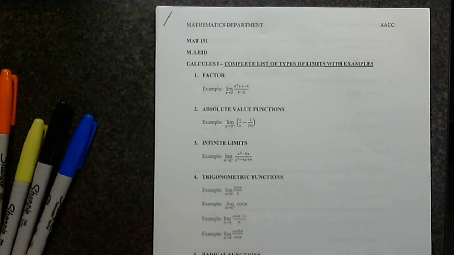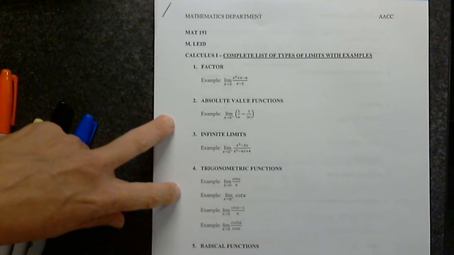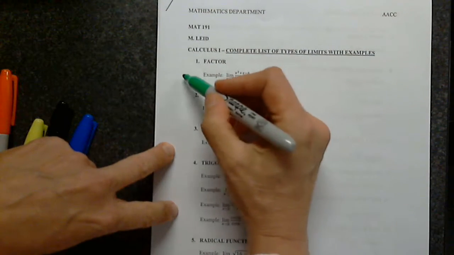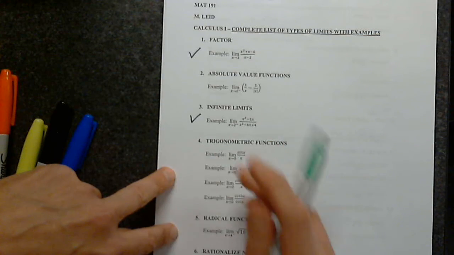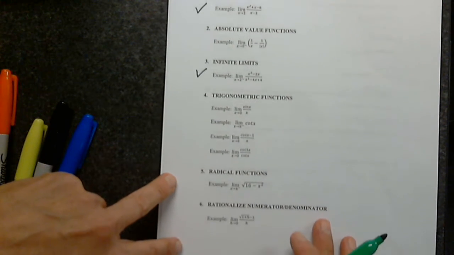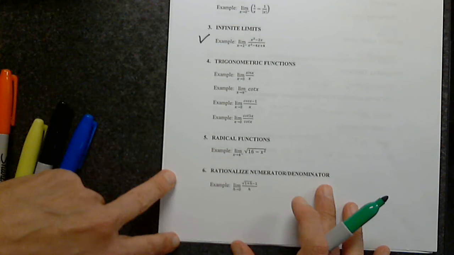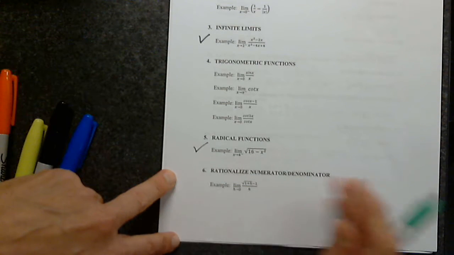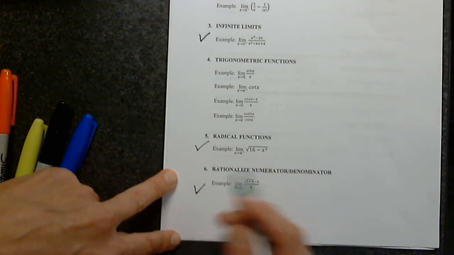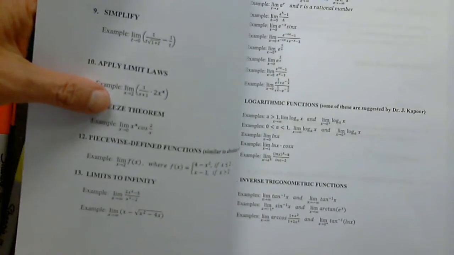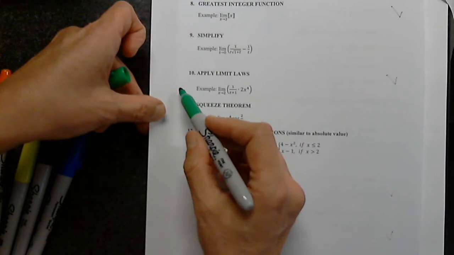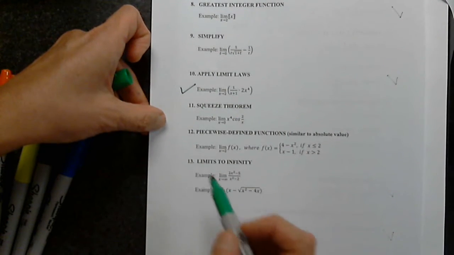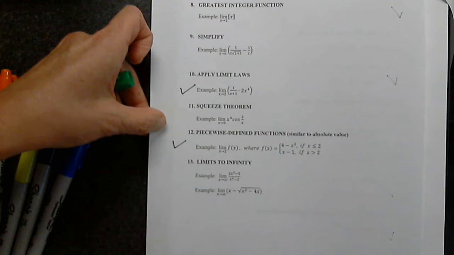So depending on how much progress we make today, I would like you to work on this limit, this limit, this limit, this limit, number 10, and number 12.